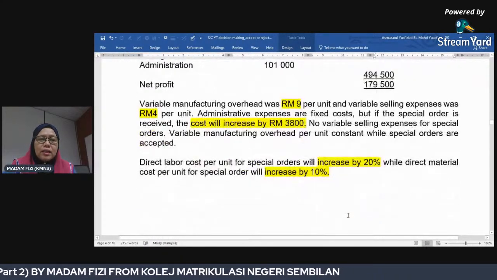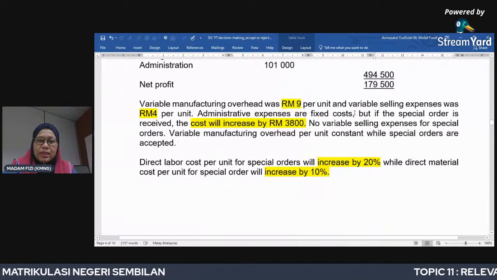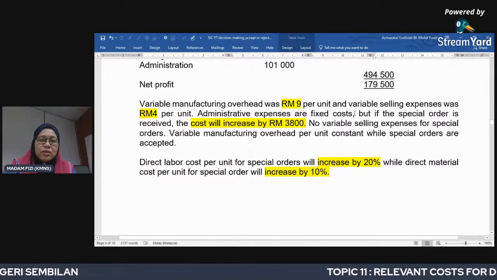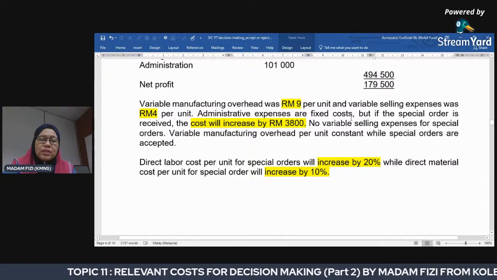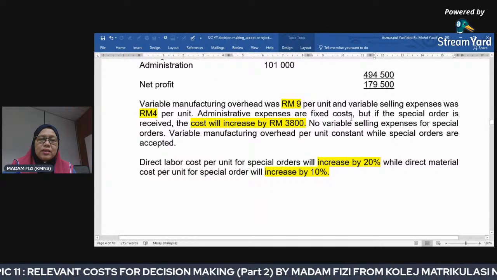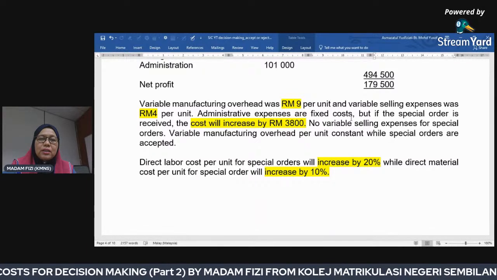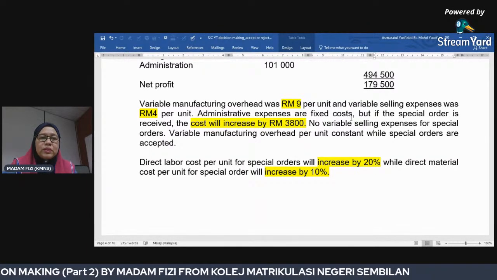Okay, and then variable overhead was 9 ringgit per unit and variable selling expenses was 4 ringgit per unit. Administrative are fixed costs, but if the special order is received, the cost will increase by 3,800.